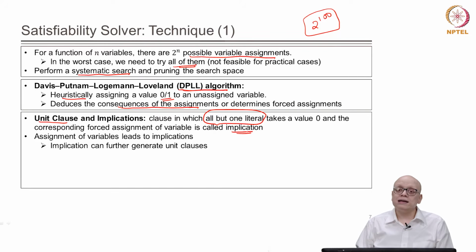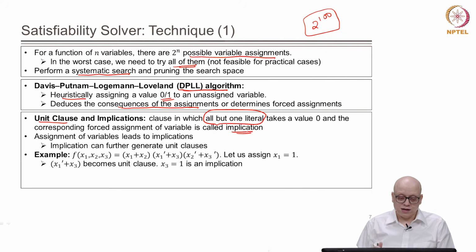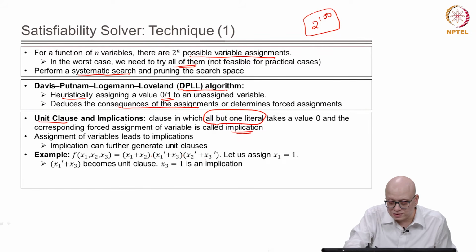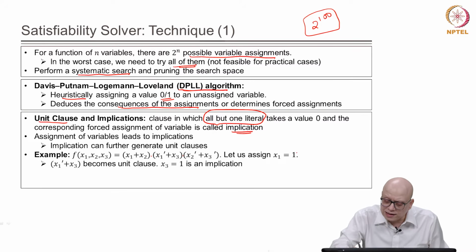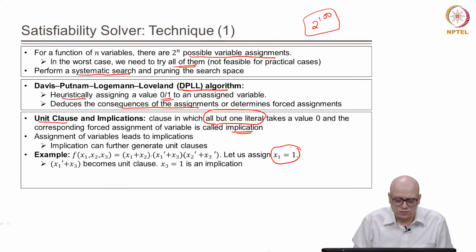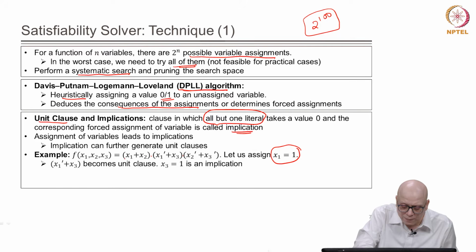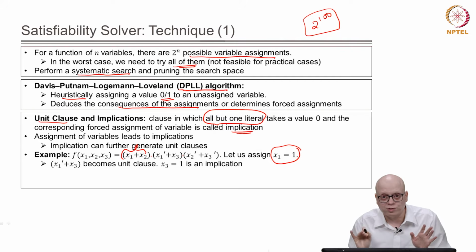So, let us take an example and understand it. Suppose we are given the function (x1 + x2) . (x1' + x3) . (x2' + x3'). Now, this is a given Boolean function in CNF representation. Let us assign x1 equal to 1. Now, if we assign x1 equal to 1, what happens to the first clause? This clause gets satisfied, we need not worry about it.